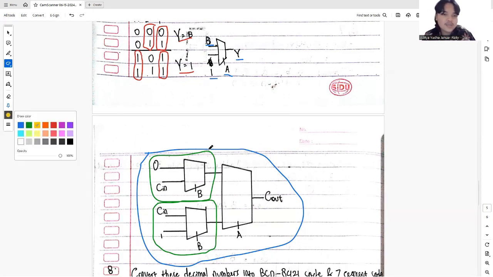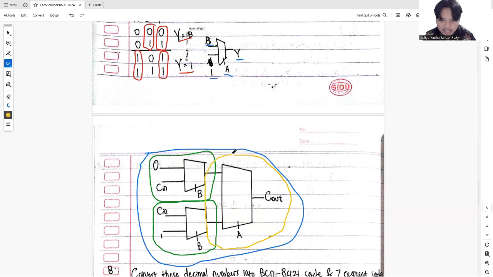I'm using yellow in here. The outputs from those previous two circuits begin changing; now it's my input. Now it's changing as input.